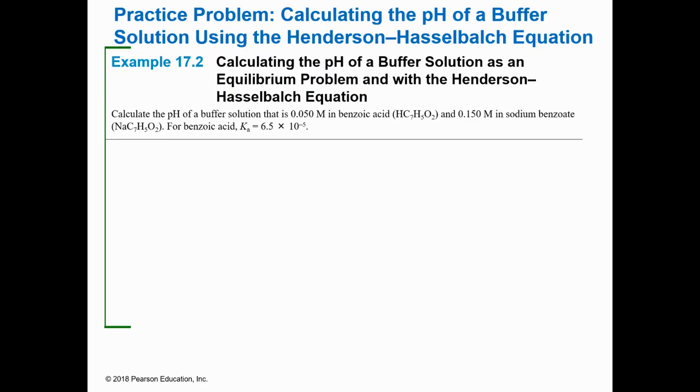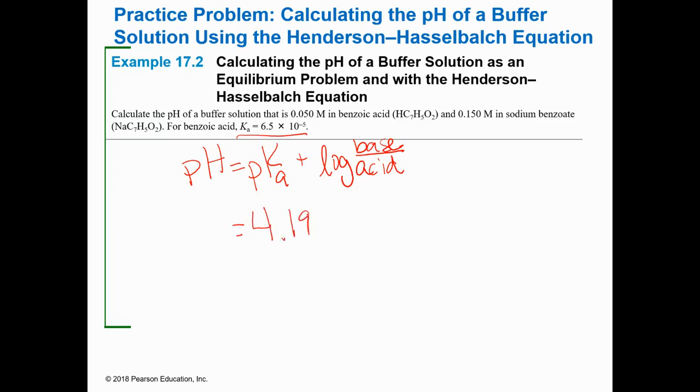Okay, so here they gave us Ka. Remember, our equation is pH is equal to pKa plus log of base over acid. Okay, so our pKa, we just take the negative log of our Ka, and I get 4.19 plus our log of base is sodium benzoate, 0.150.